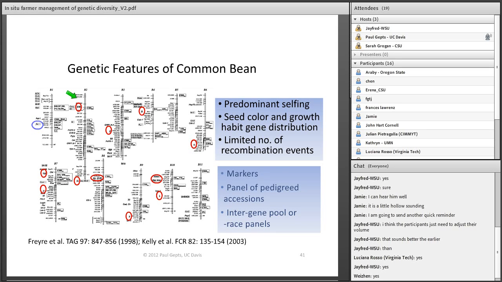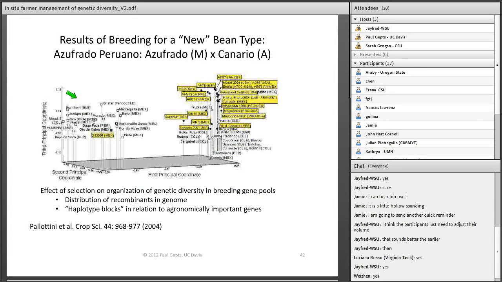You have frameshift, you have a deletion of an entire coding region, you have exon-intron splicing failures, non-synonymous substitutions, and the most important one, which accounts for about 70% of the determinate types, is that retrotransposon insertion. All of these mutations render the gene non-functional, and hence they develop that determinate phenotype.